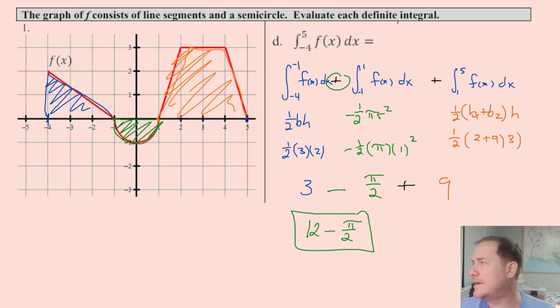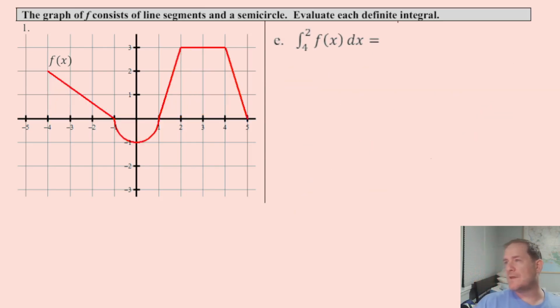All right, what about E? E wants another integral that's kind of going backwards. Notice it's going from 4 to 2. We don't like to move right to left. We only like to move left to right. So I would certainly rewrite this as the integral that goes from 2 to 4 of f of x dx.